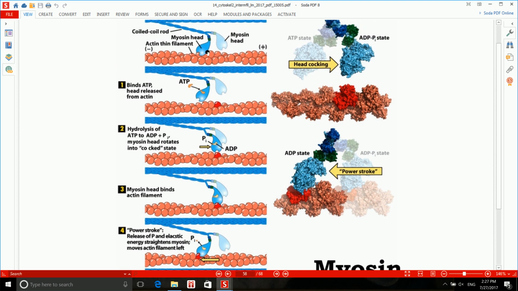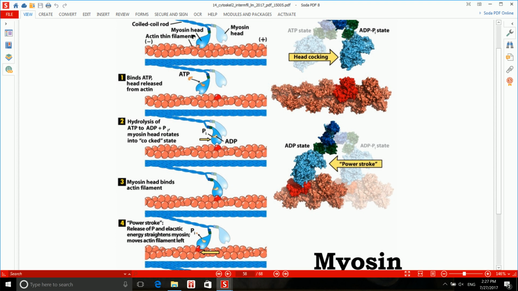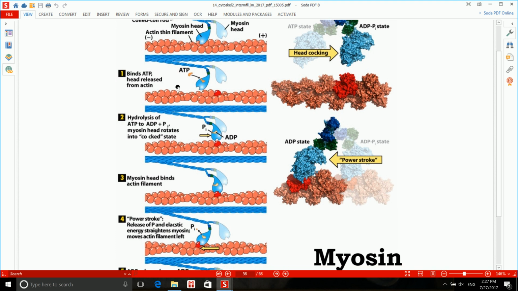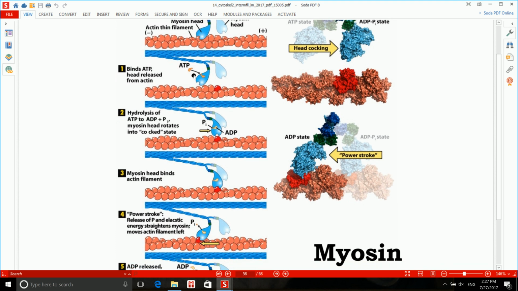We have our myosin in a bound form to actin filaments, and when ATP binds to the myosin, a conformational change occurs in the myosin. Myosin will detach from the actin filament, and when ATP is hydrolyzed to ADP and inorganic phosphate, the myosin will reattach to actin.